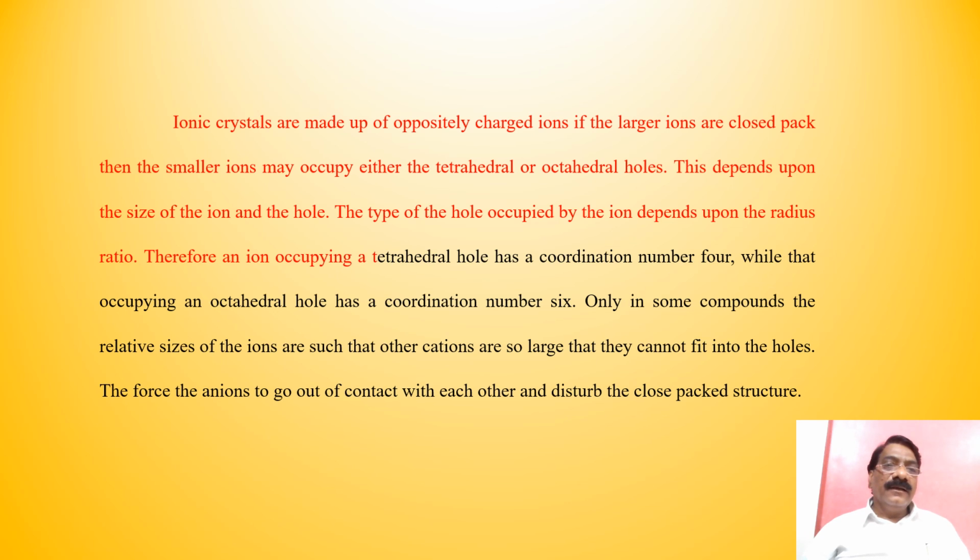Therefore, an ion occupying a tetrahedral hole has coordination number 4, while an ion occupying an octahedral hole has coordination number 6.